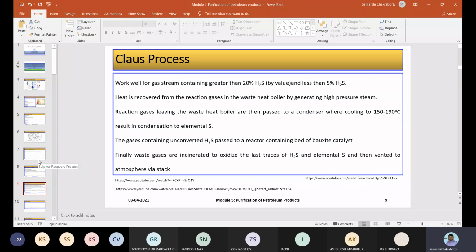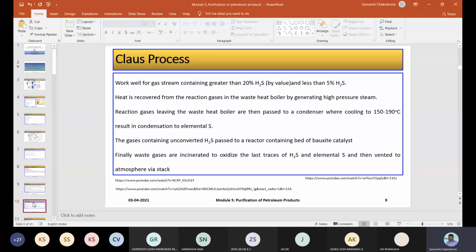The gases containing the unconverted sulfur are again passed through the reactor containing a bed of bauxite catalyst. Finally the waste gas is oxidized. The last traces of H2S and elemental sulfur you can take out, or you can also vent it out to the atmosphere through your stack.